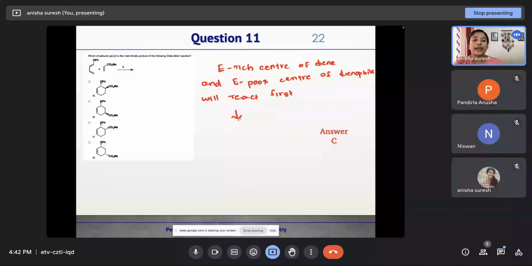So because of that, ortho selectivity is coming. And the second thing we have to follow is the endo rule. So the right option will be option C. Clear?